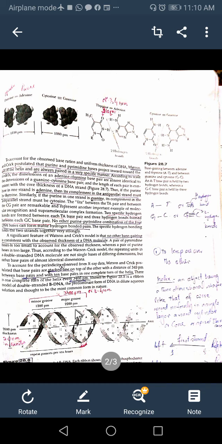It has a length of 2200 picometer. 2200 picometer is of the long groove, and the minor groove is 1200 picometer. Total is 3400 picometer in one complete turn of the helix, in B DNA.